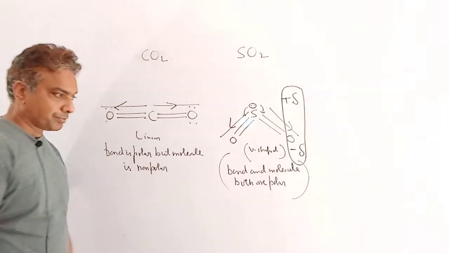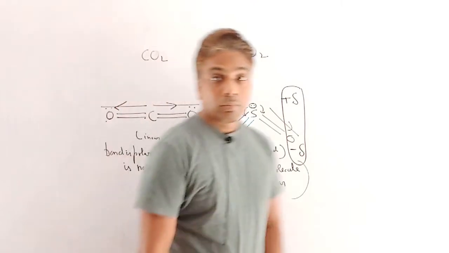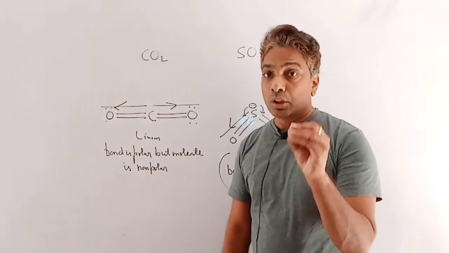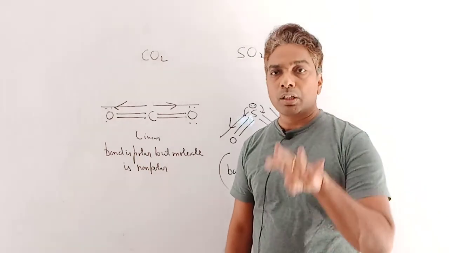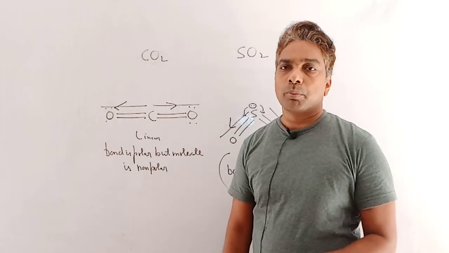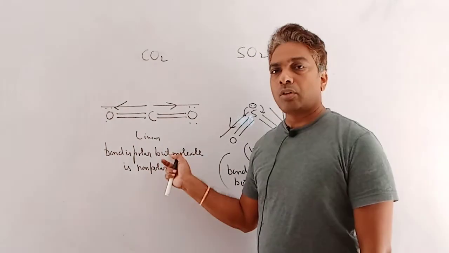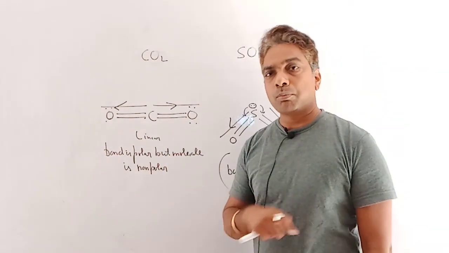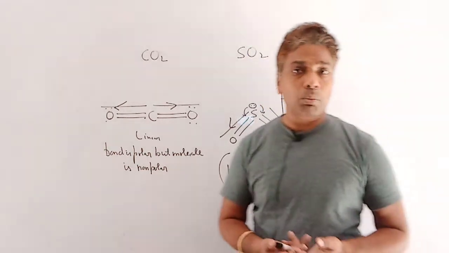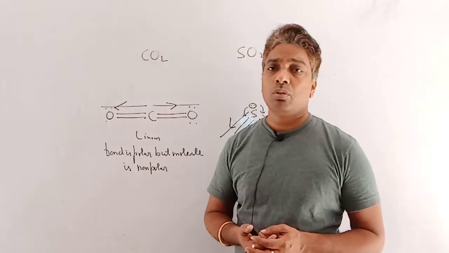So remember that if the molecule, not the bond, if the molecule is polar, then it shows dipole moment. In case of CO2, the bond is polar but the molecule is non-polar, so it doesn't show dipole moment, or the dipole moment of CO2 is 0. Clear?